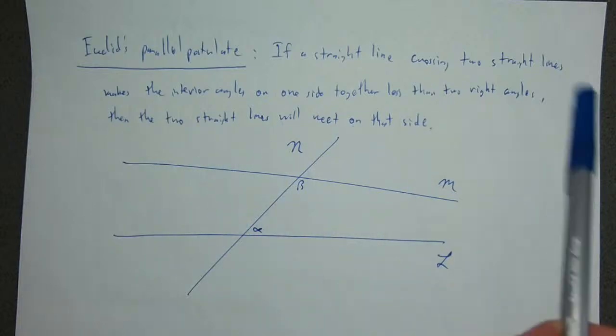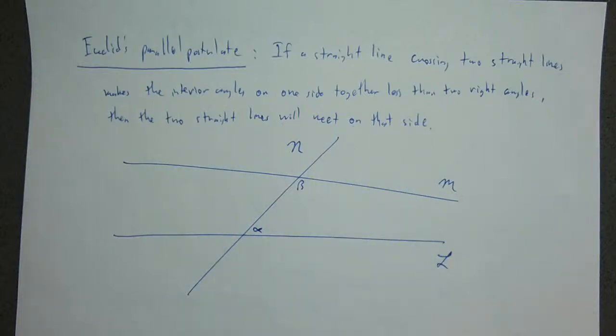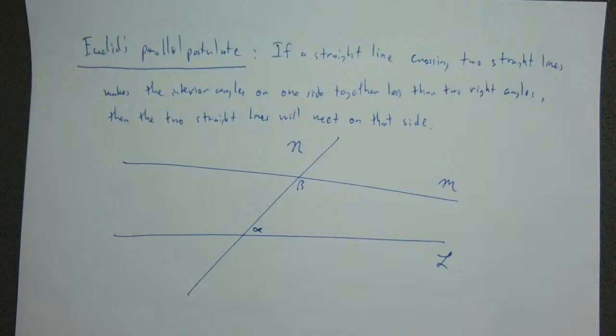If these are taken together, that is their sum, if their sum is less than the sum of two right angles, then the straight lines meet on that side, and you can see from this picture that that's apparently what's happening, right? So I have two lines, L and M. Since these interior angles sum to be less than the sum of two right angles, those two lines are going to meet on that side. That is my parallel postulate.